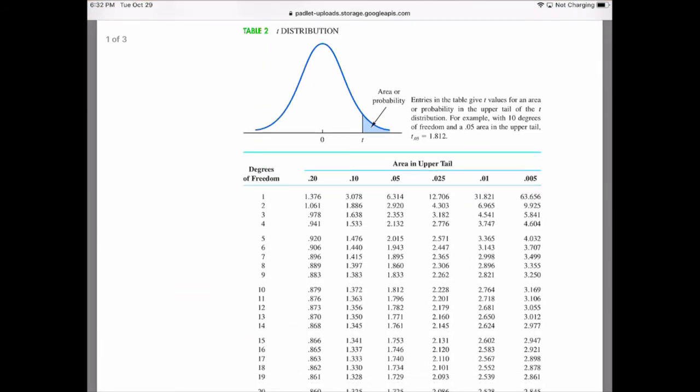So under the 11 degrees of freedom, if I keep going after 1.796 to try to find 2.05, I run into 2.201, which means that the 2.05 is between the 1.796 and the 2.201. So since it is in between there, it means that my p-value is between 2.5% and 5%, or 0.025 and 0.05.